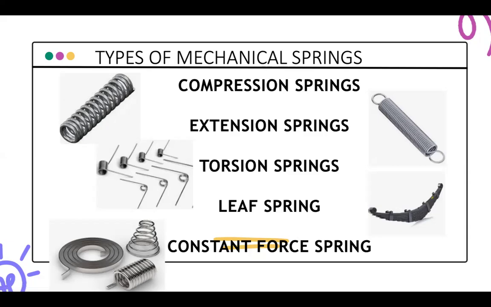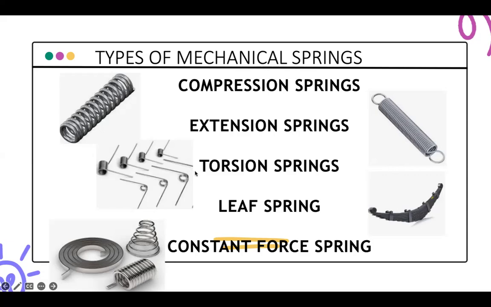They are usually found in pens, also in car suspension, and you can also use them in other load-bearing devices. So that is for compression springs. For extension springs, this one, it stretches under load. It's often used in garage doors and trampolines.